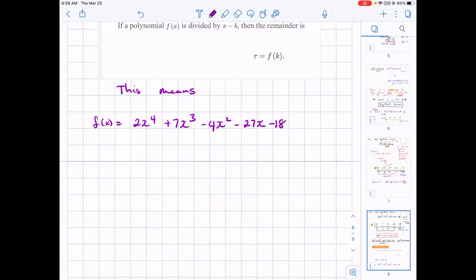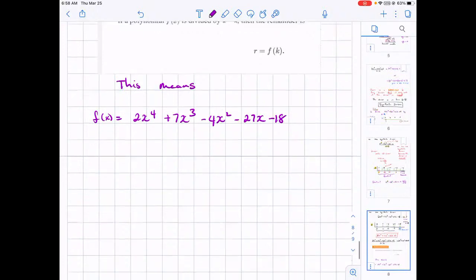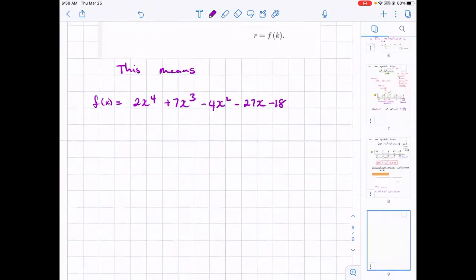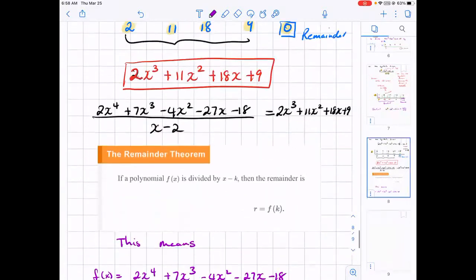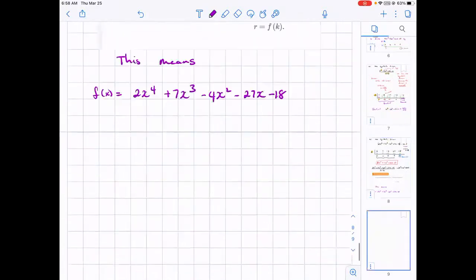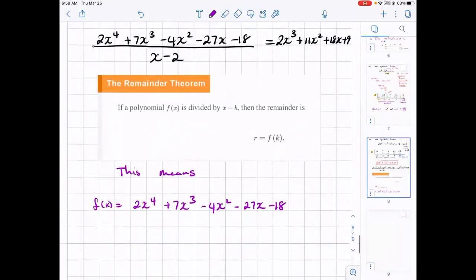And we were dividing this by x minus 2, and we did get a remainder of 0.